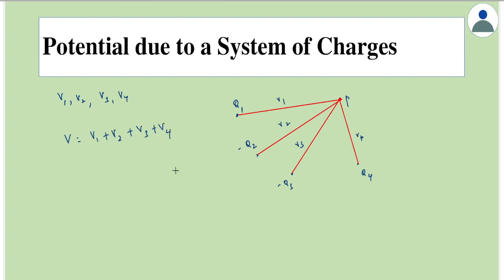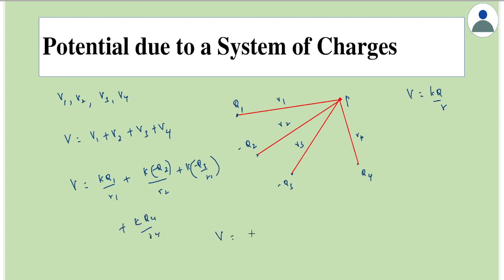In this case, we know that V is equal to K Q by R. So V here is equal to K Q1 by R1 plus K times minus Q2, because it has a negative polarity, by R2, and then plus K times minus Q3 by R3 plus K Q4 by R4.